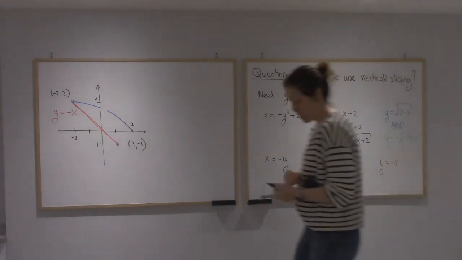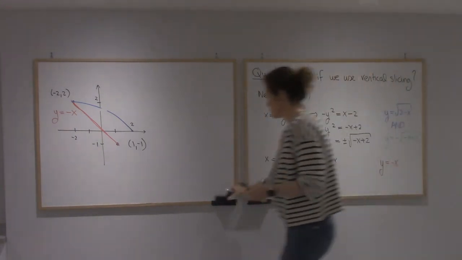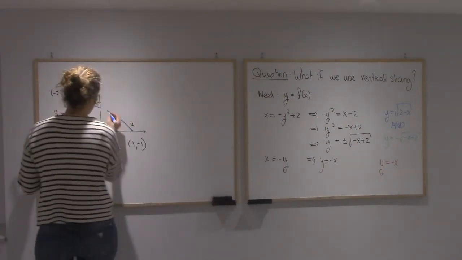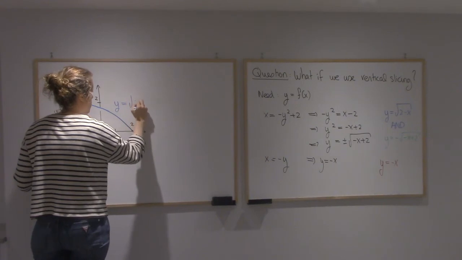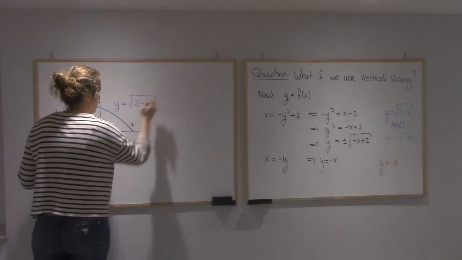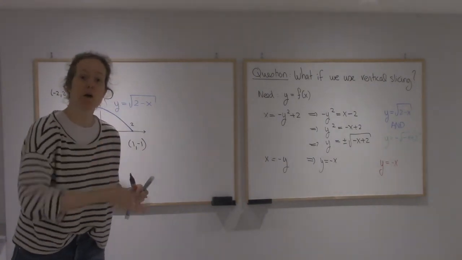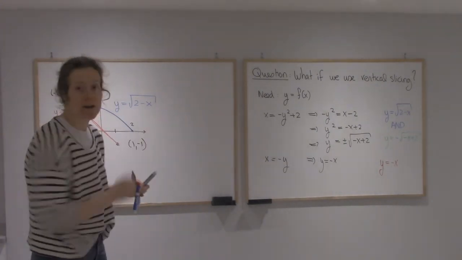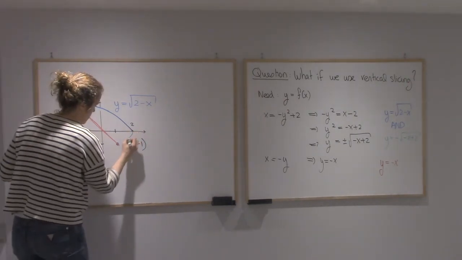So the part of the curve where y is positive will be y equals the square root of 2 minus x. The part of the parabola where y was negative, that will be y equals minus the square root of 2 minus x.